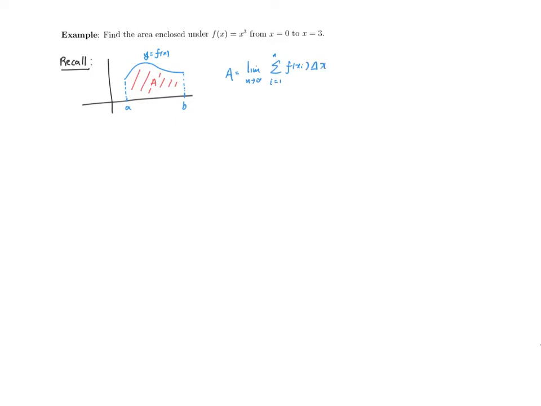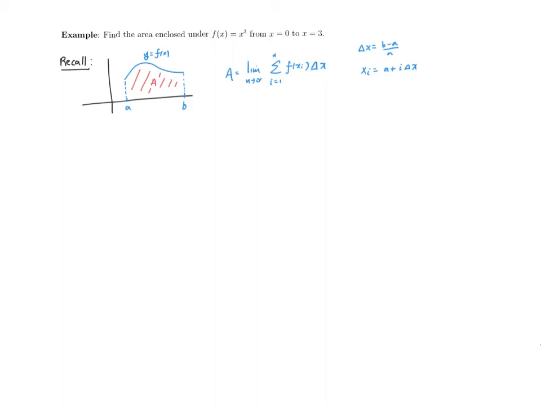And we certainly need to define a few of these terms. Recall delta x is equal to b minus a over n, and x sub i is equal to a plus i delta x. And this is precisely where we left it in our previous video.